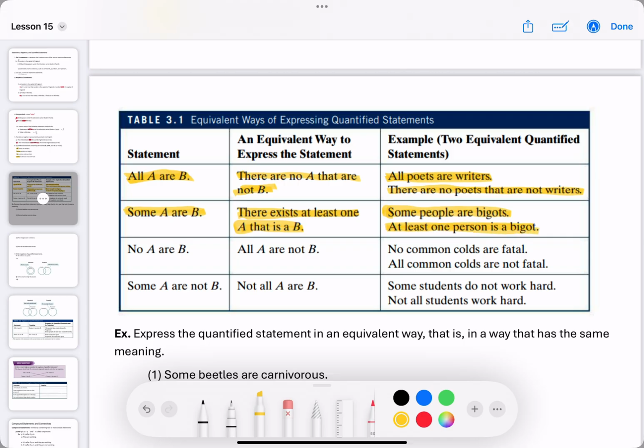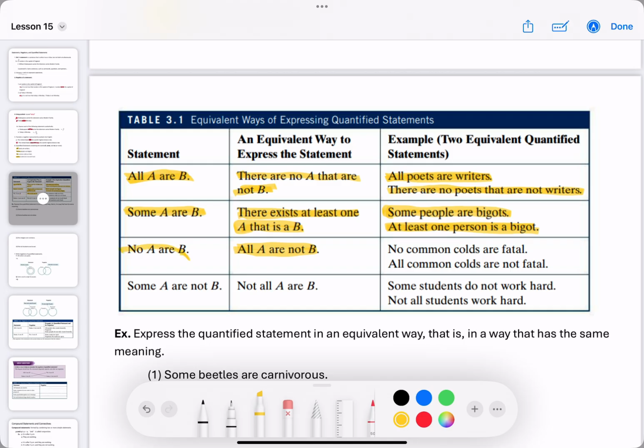Next one, no A are B. The equivalent statement is all A are not B. You see, in this sentence I negate the no A, which becomes all A, and then I negate the second part, not B. So I negate the first part, then the second part, to make it easier to memorize.